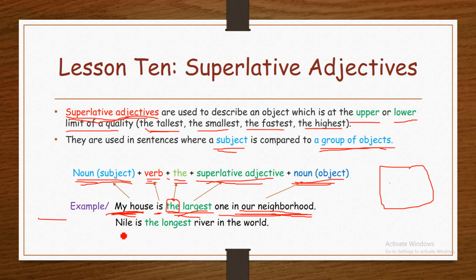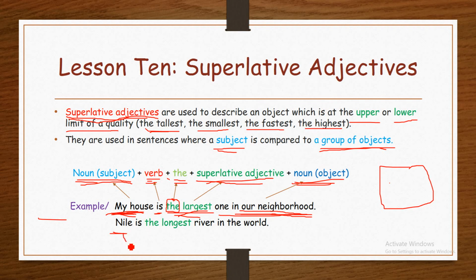Another example, Nile is the longest river in the world. In the world, there are more than 100 rivers, but the Nile River, which is in Egypt, is the longest river in the world.